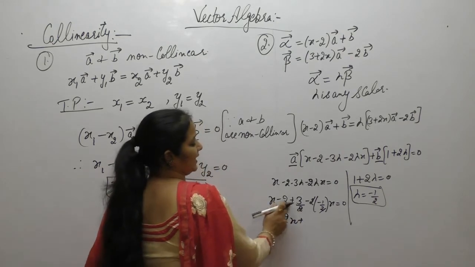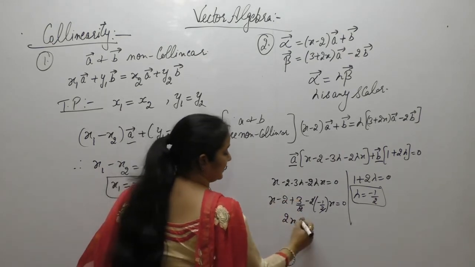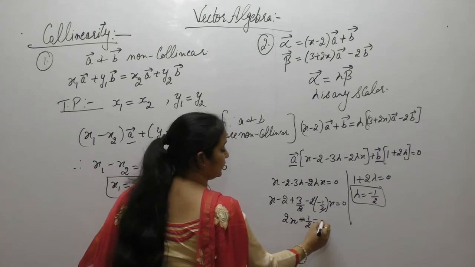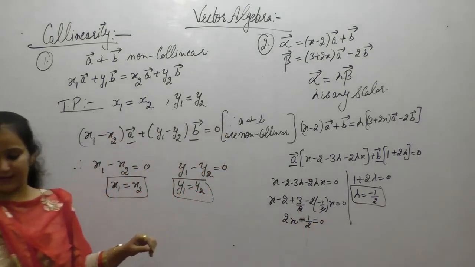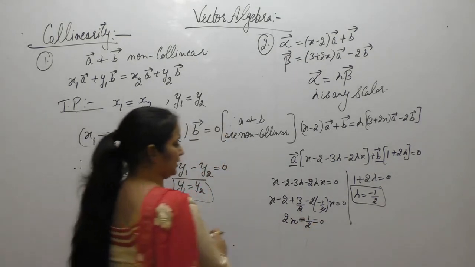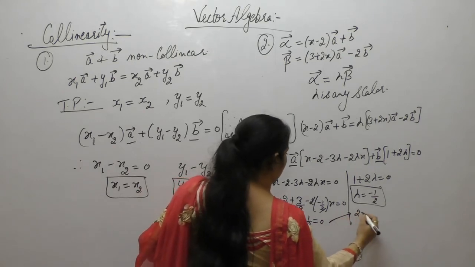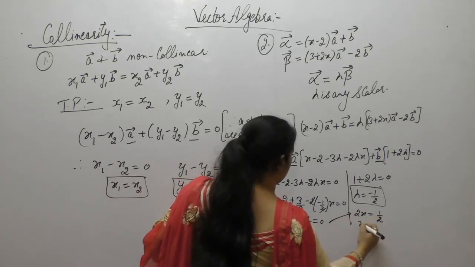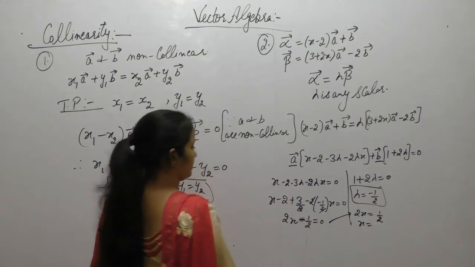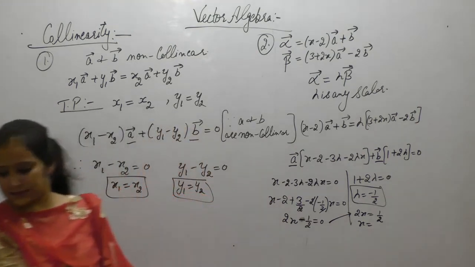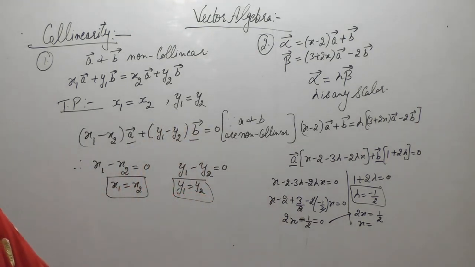Take the LCM: minus 4 plus 3 minus 1 by 2. 2x minus 1 by 2 is equal to 0, or we can say that 2x is equal to 1 by 2.